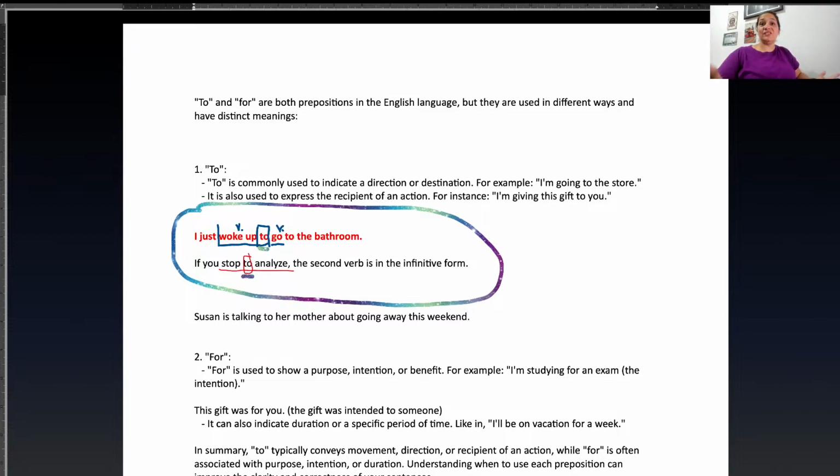Okay, so Susan is talking to her mother. So talk, it doesn't necessarily show movement, but there's the intention, the idea that the sound of my voice is coming out of my mouth and getting to your ear. So point A, point B. Okay, to.